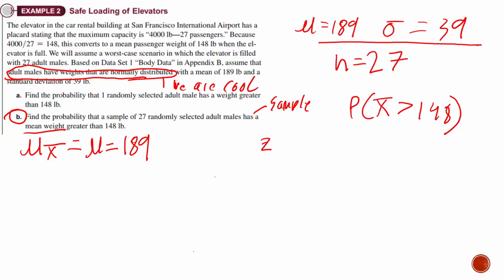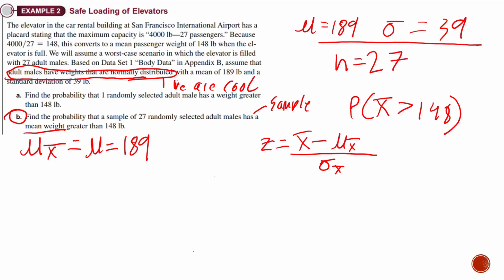When you use a sampling distribution, the new formula you have is no longer x minus mu, it's x bar minus mu of x bar, the mean of the sampling distribution. Although you don't actually have to write that because we said that they're the same thing, right? But the standard deviation, is that the same?